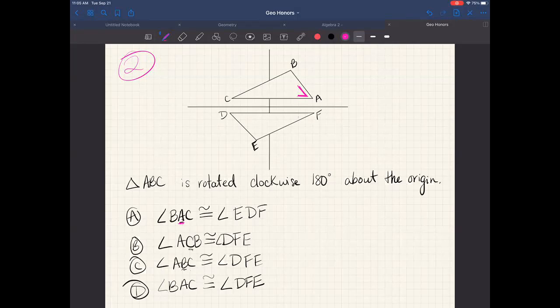Wait, did I rewrite this? Okay, wait. Something happened here. I think I accidentally erased something. Maybe. I'm not 100% sure. There.